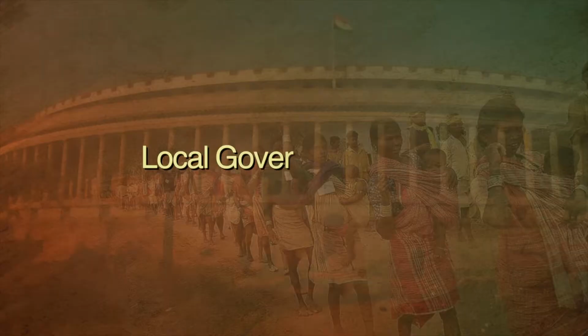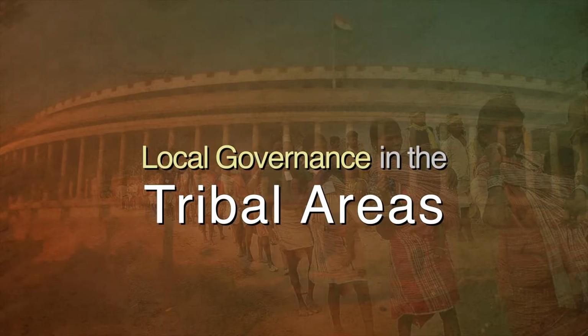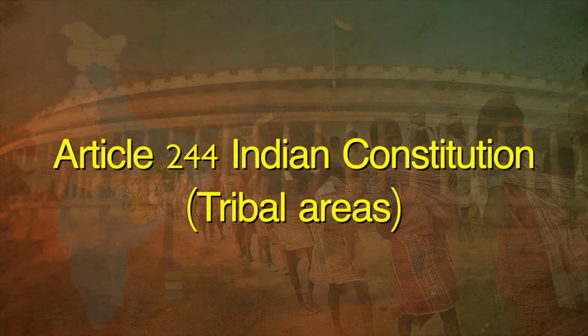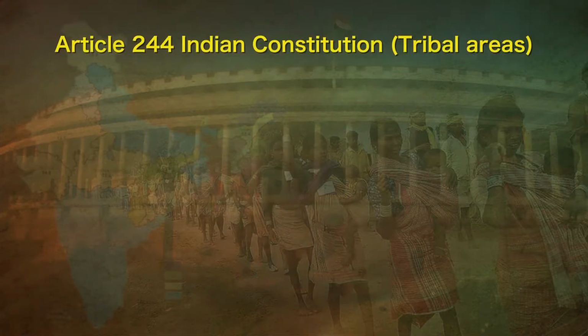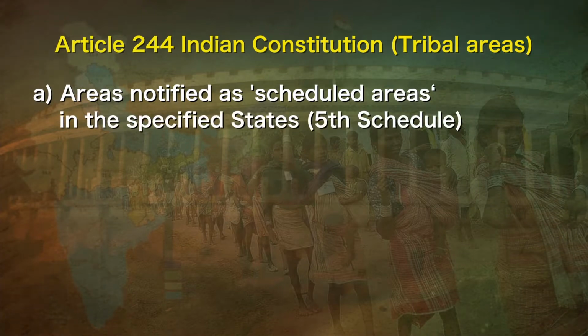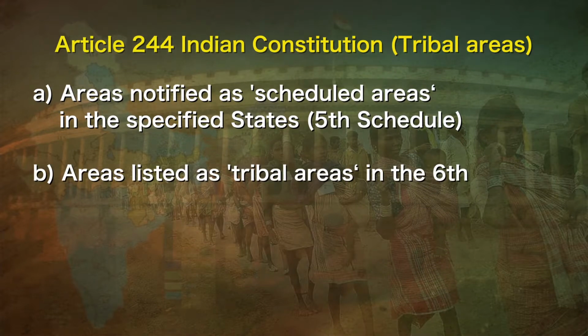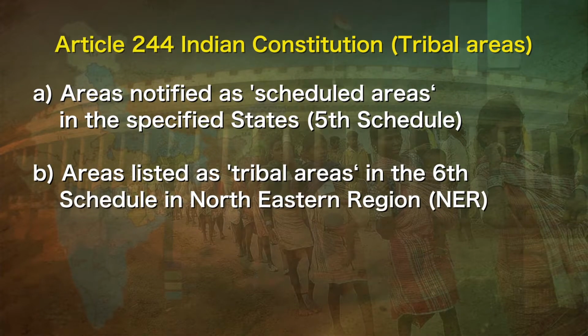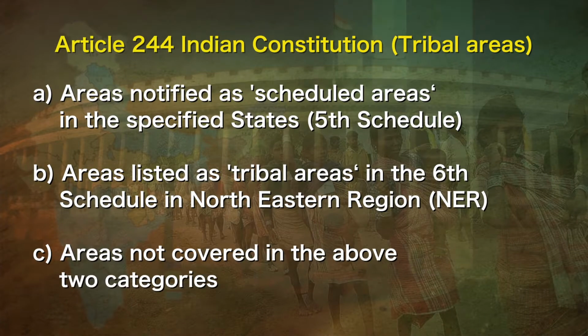After the list of 29 subjects included under Article 243G of the 11th schedule, now we will see the local governance in the tribal areas. Article 244 of the Constitution envisages three categories of tribal areas, namely, areas notified as scheduled areas in the specified states, 5th schedule; areas listed as tribal areas in the 6th schedule in the northeastern region; and areas not covered in the above two categories.